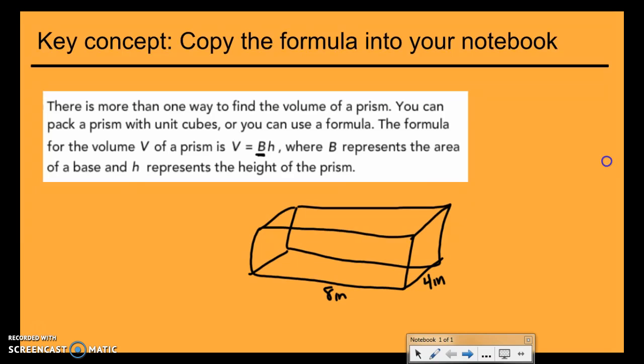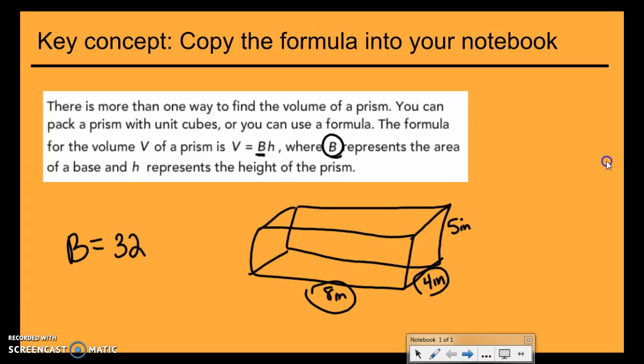And the height is going to be, let's do 5 inches. Your B is going to be the entire area of that base. So you're going to go ahead and take care of the 8 times the 4. 8 times 4 gives us 32. So the area of our base is 32.